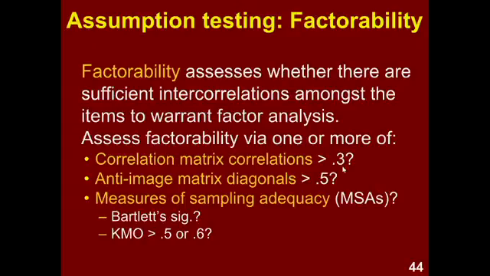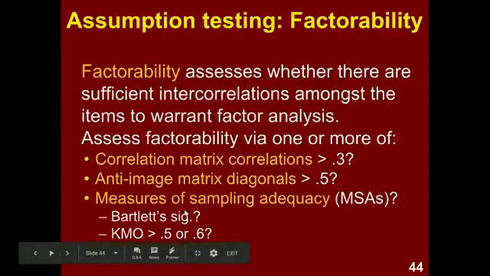One is you just stare at the correlation matrix and check that there are some correlations above about 0.3. Doesn't have to be all of them, just some of them, and that would suggest that there's enough going on there that you're going to find some clusters. Or you can use something called the anti-image correlation matrix, and you want diagonals above 0.5, or you can just use one of these global indicators.